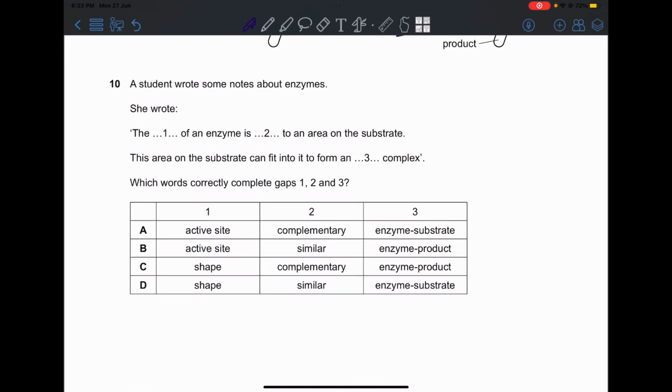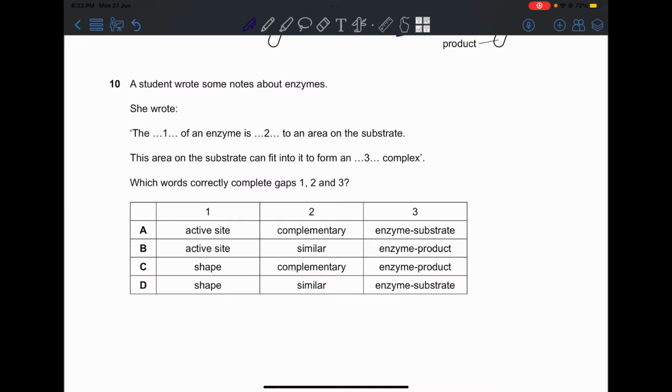Number 10, a student wrote some notes about enzymes. She wrote that 1 is an enzyme, and 2 to the area on the substrate. This area on the substrate can fit into it to form a 3 complex. Which words correctly complete gaps 1, 2, and 3? Now, we know that 1 is actually going to be the active site.